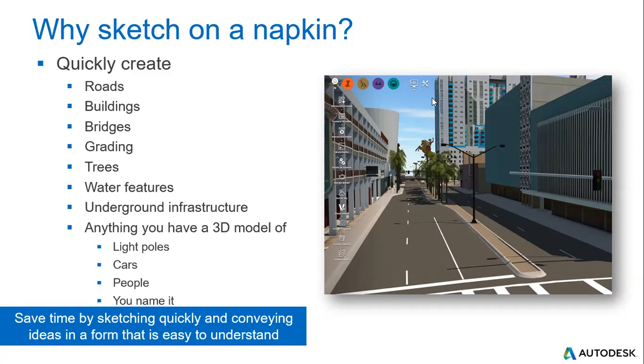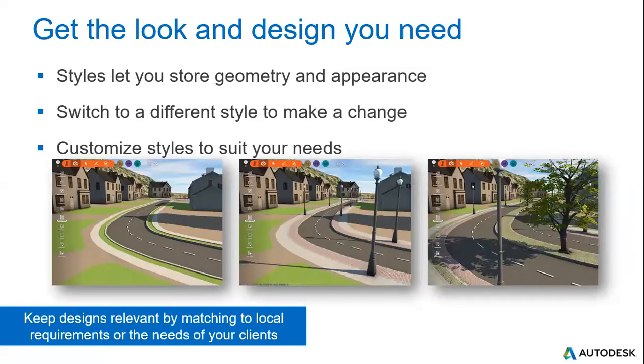So from this image, you can see this is actually a snapshot of a complete model, and you can visualize this particular area and the development that has been added to this particular area. And you're able to create different proposals.